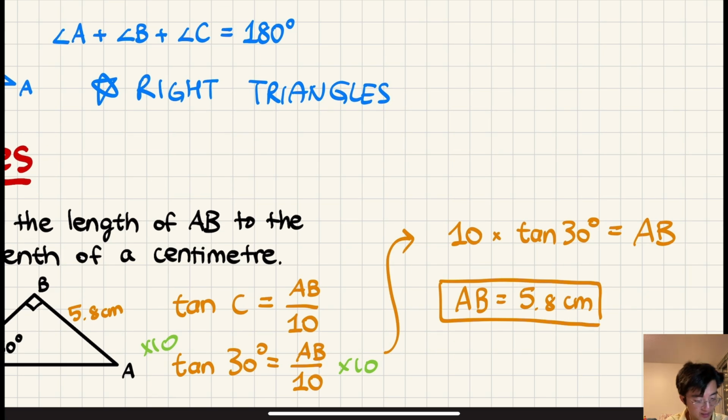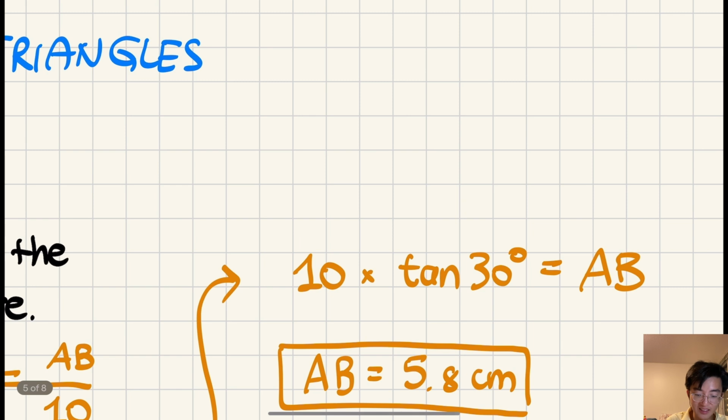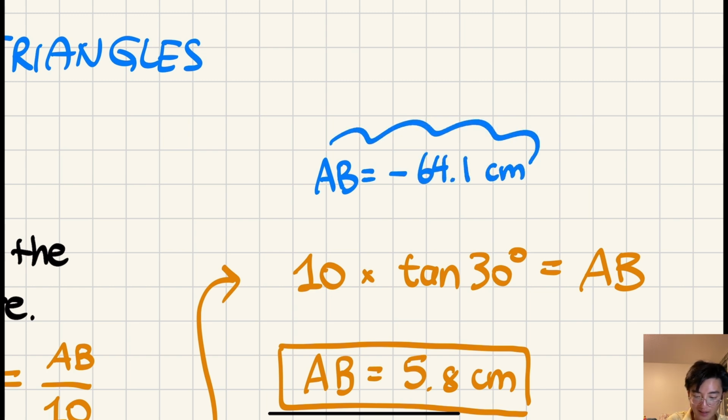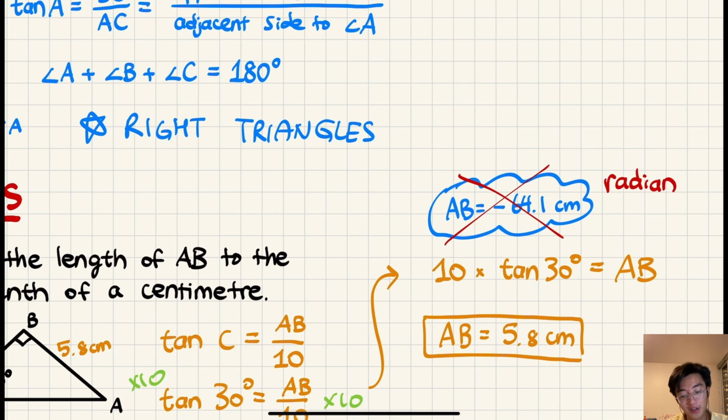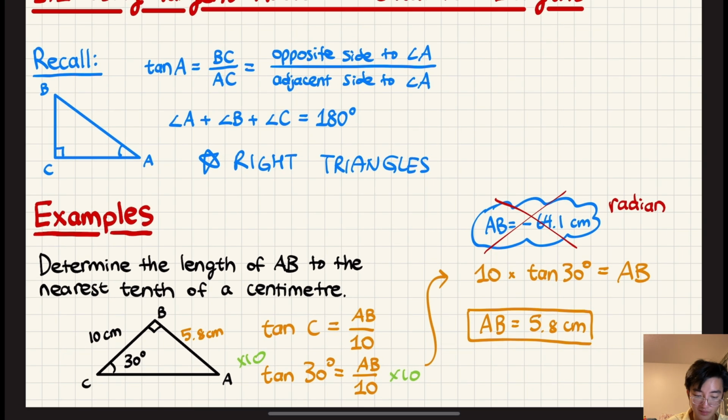However, if your answer was negative 64.1, that means you have accidentally done the question in radians mode. This is what you would get if you typed in radians, which is obviously not possible, to have a negative side length. So always make sure your calculator is in degree mode, or that your calculator follows the question.